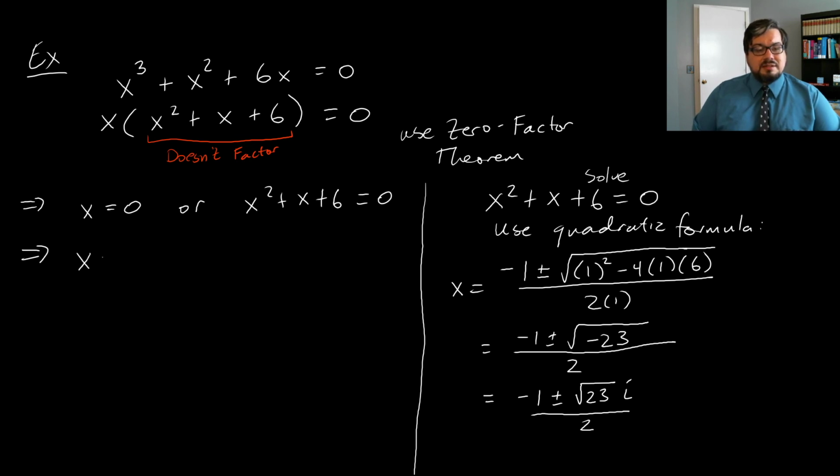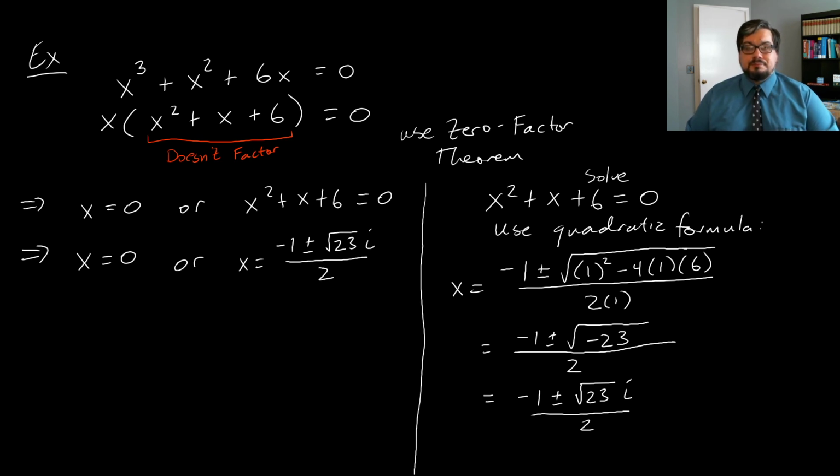So that means that back in our original line of reasoning, instead of saying x squared plus x plus 6 equals 0, we can write x is equal to negative 1 plus or minus the square root of 23 i, all over 2. And here are our, again, 3 solutions.